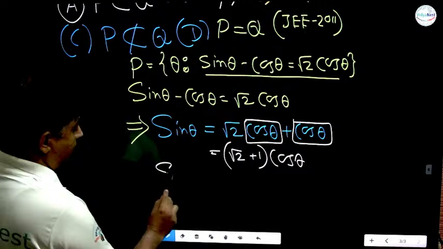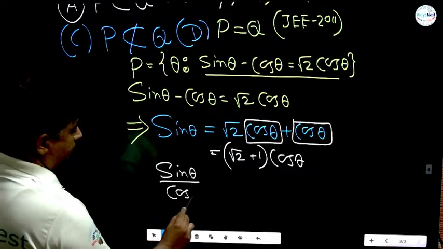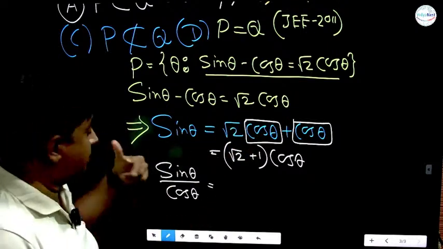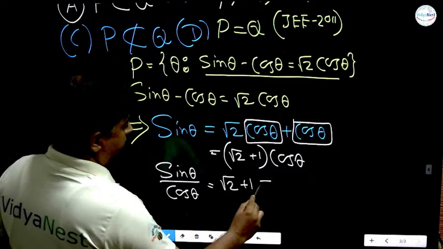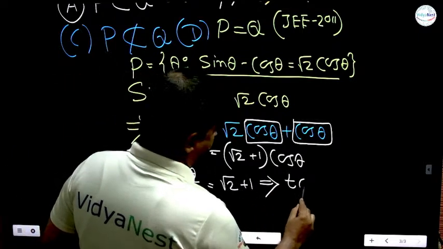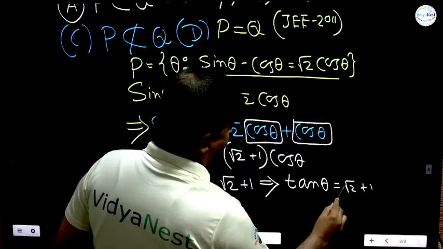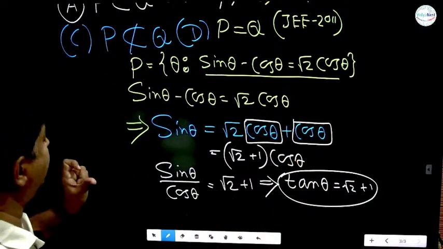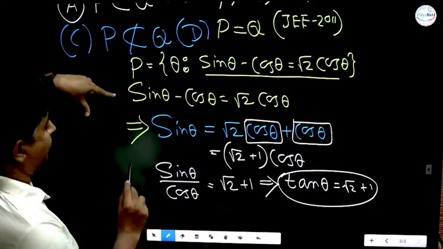Drag cos theta to the denominator of sin theta. Tan theta equals root 2 plus 1.